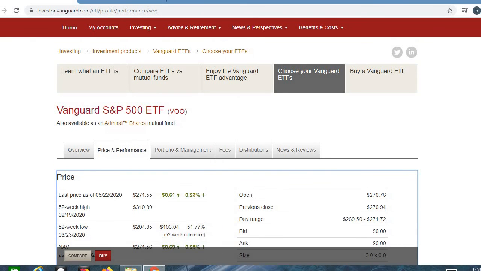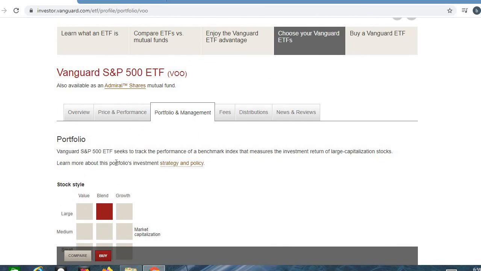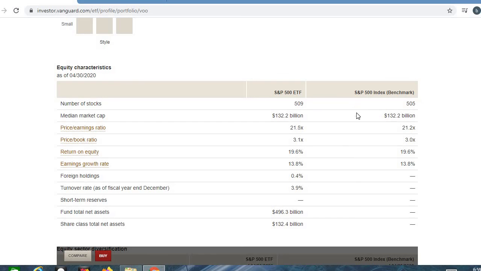Another important indicator is the portfolio and management. Vanguard's S&P 500 ETF seeks to track the performance of a benchmark index that measures the investment return of large-capital stocks, and it is mostly a domestic large-cap index fund. It has a very small amount in foreign investment. There are 509 stocks.